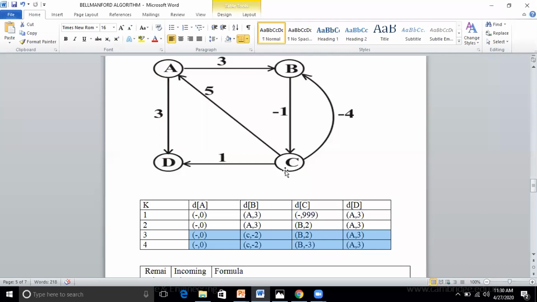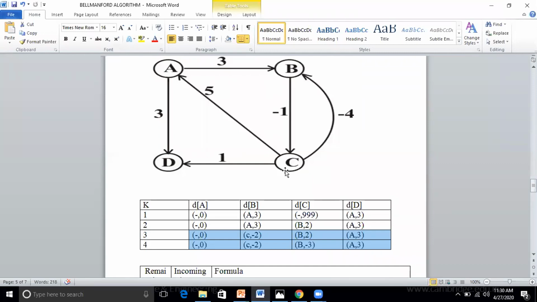It supports negative edges, and it also checks whether the graph has a negative cycle or not. If the graph has a negative cycle, there is no shortest path. If it doesn't have a negative cycle, there is a shortest path for the graph.